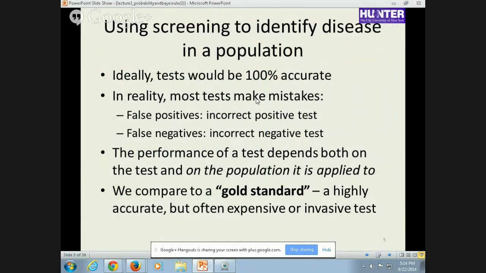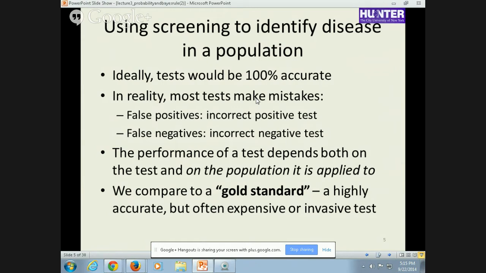All right, so in a perfect world, we would have a 100% accurate test. That's not what happens, though. What we have is tests that are more likely to give you one outcome if you have the condition they're testing for than if you don't. But they can give false positives and they can give false negatives.